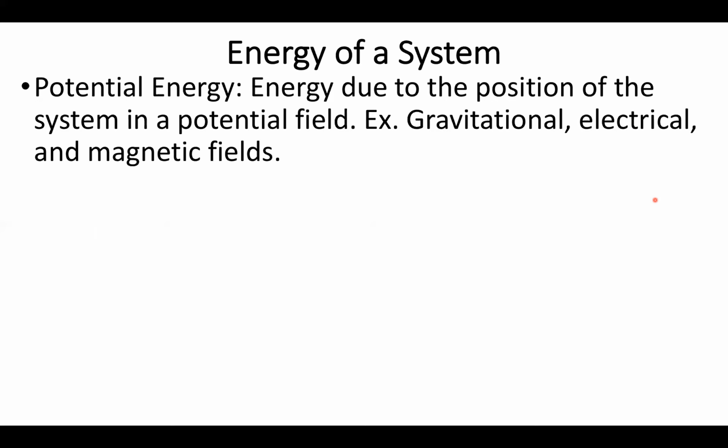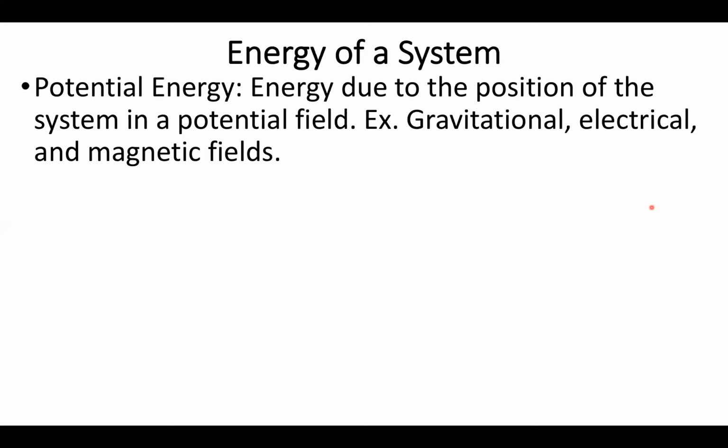So where I've trapped my system in a gravitational, electric, or magnetic field. This is less about what energy a system can potentially do, and much more about what sort of energy is embedded by the position of the system.